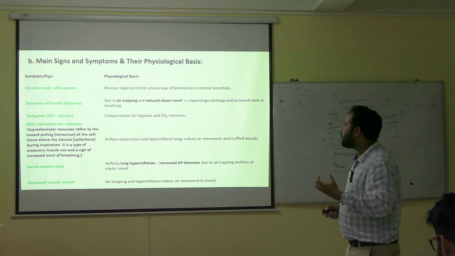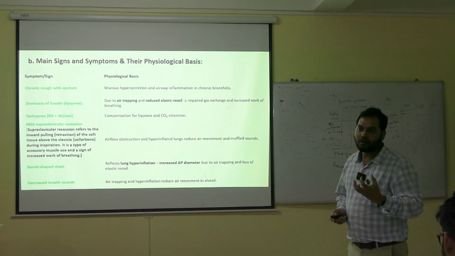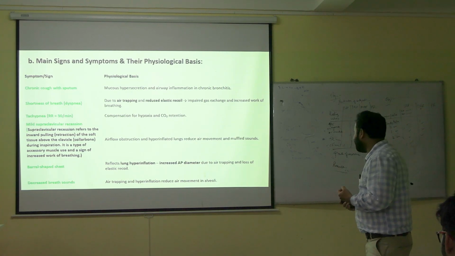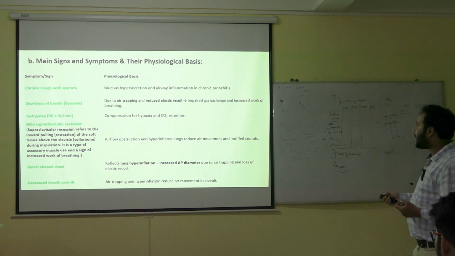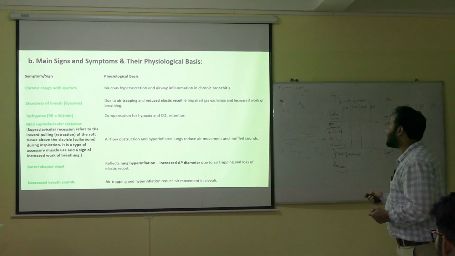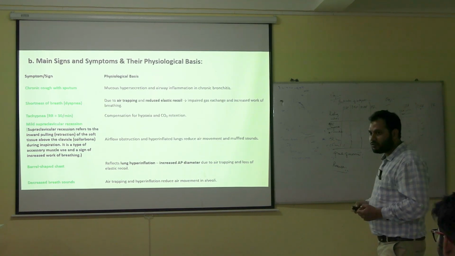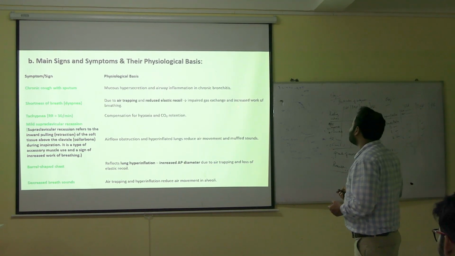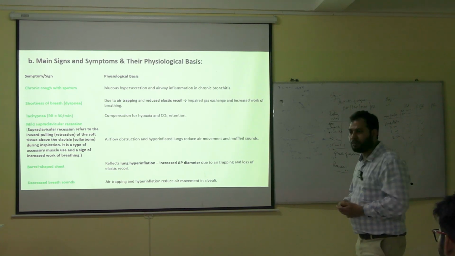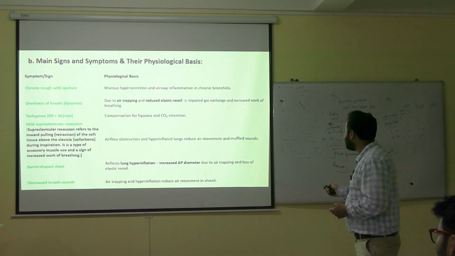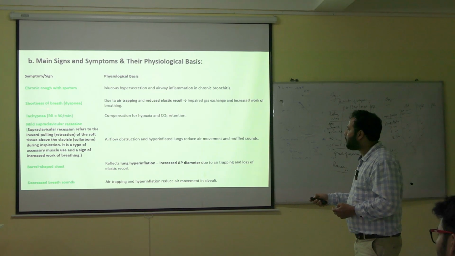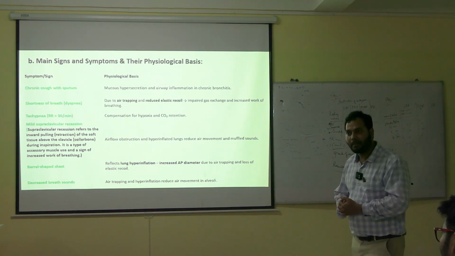alveoli that causes the trapping of air in the inner face of alveoli. That ultimately impairs proper gas exchange, and for that purpose the patient needs to increase the work of breathing. So this is the proper justification or explanation of shortness of breath.